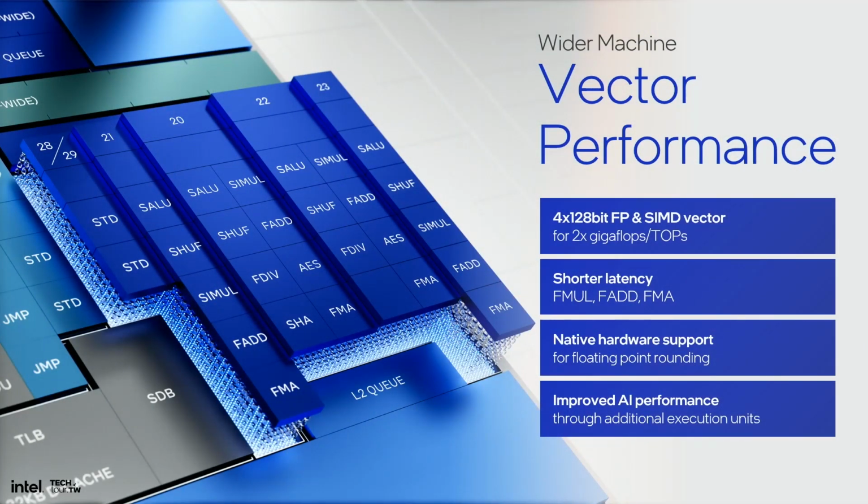Now here's the other thing. This was one of our fundamental design goals. I mentioned vector performance. Previously, for say floating point operations, we had 2 128-bit pipelines. As table stakes as part of our plan, we wanted to make sure that we were industry competitive. So we doubled that.